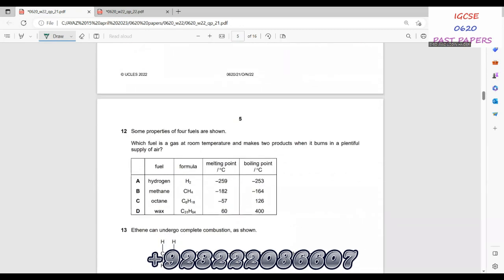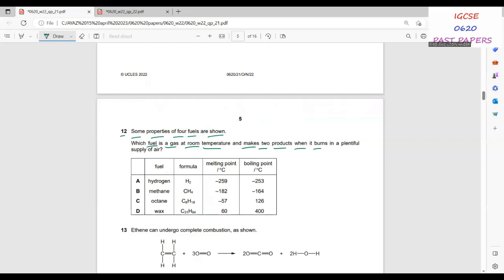Number 12. Some properties of four fuels are shown. Which fuel is a gas at room temperature and makes two products when it burns in a plentiful supply of air? Whenever you burn hydrogen, you will get water. You will not get two products, so this is wrong. Now we are left with methane, octane, wax.